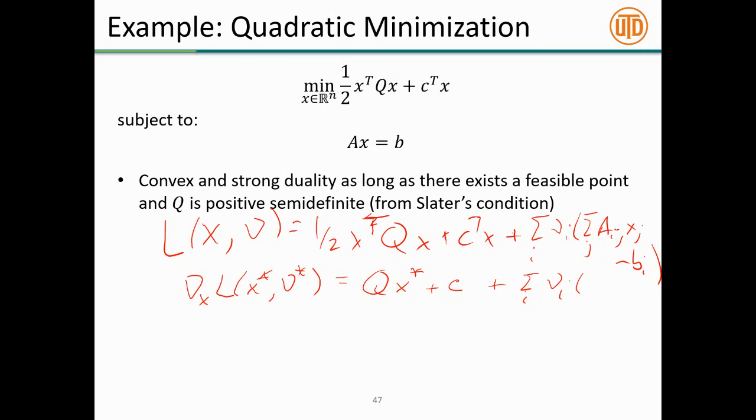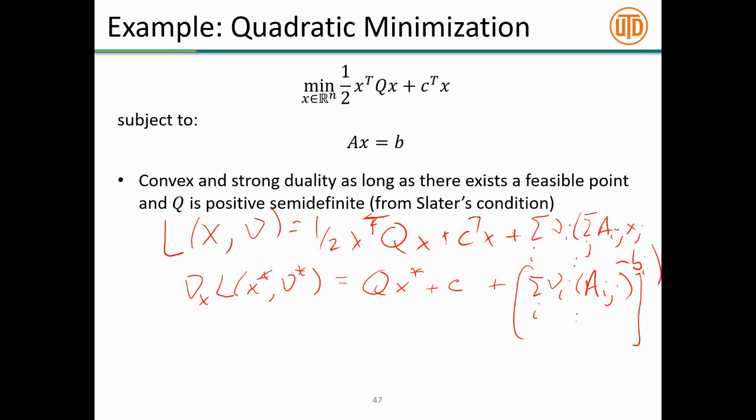It's a linear function, so the x part disappears when we compute the derivative, and we're just left with the sum over all i, sum over all j, of nu_i times a_ij.